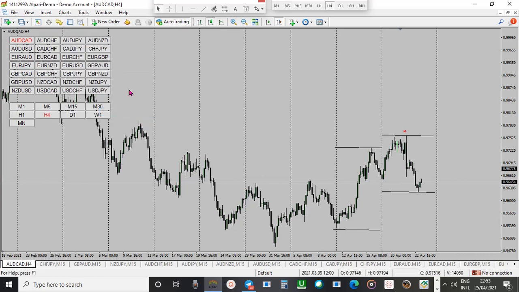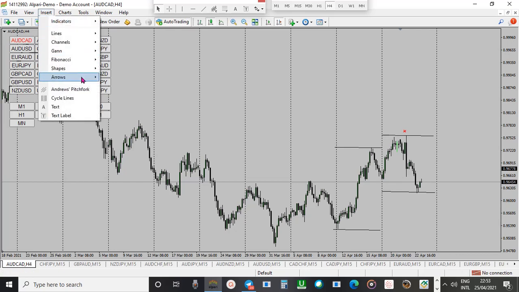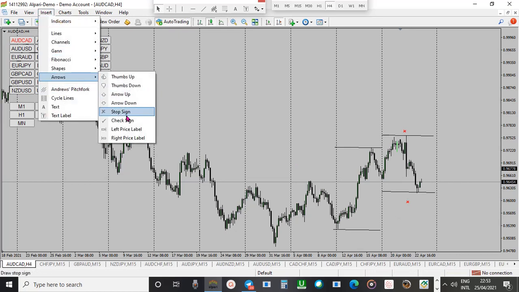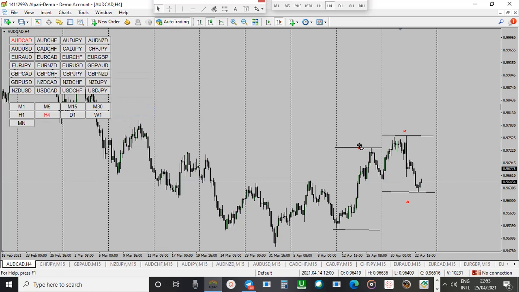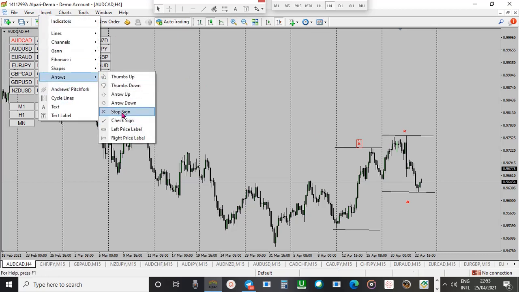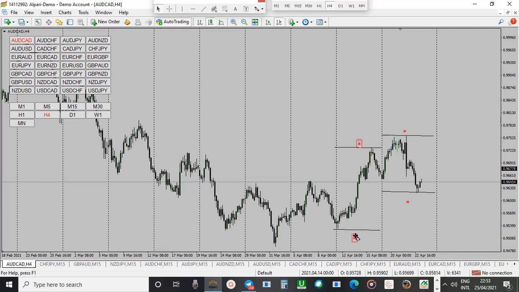There is a liquidity here, and then we have another liquidity here. We have another liquidity here. Okay, and then we have another liquidity here. So the low of the day or the low or high of the week are usually manipulated.